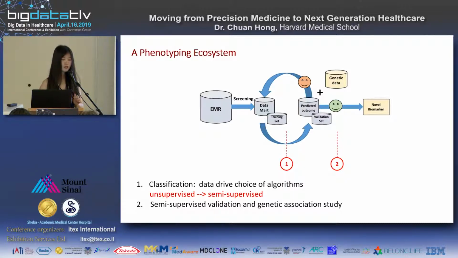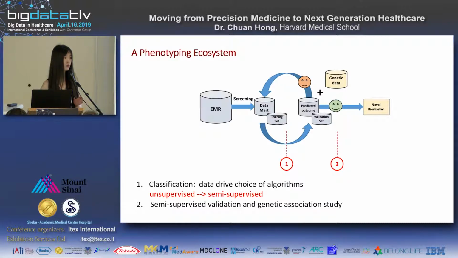But even if we have those standard labels, we do not consider them as the true underlying disease status. We use them as a surrogate. That is, we assume there are some errors in those labels. For the validation step, we merge the validation with the genetic association study.